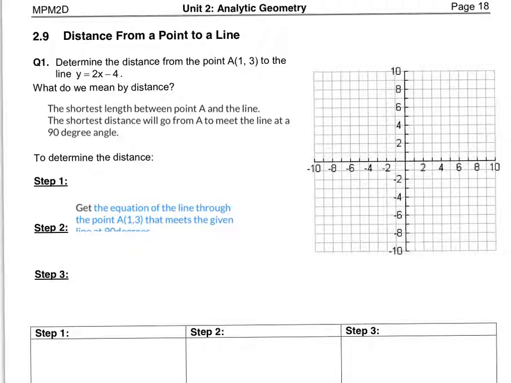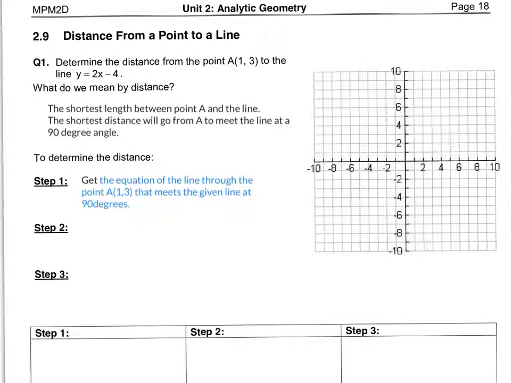So that is our current goal for step number 1. Okay, step number 2, after we get that line, we need to find the intersection point of the line we found in step 1 and the given line.